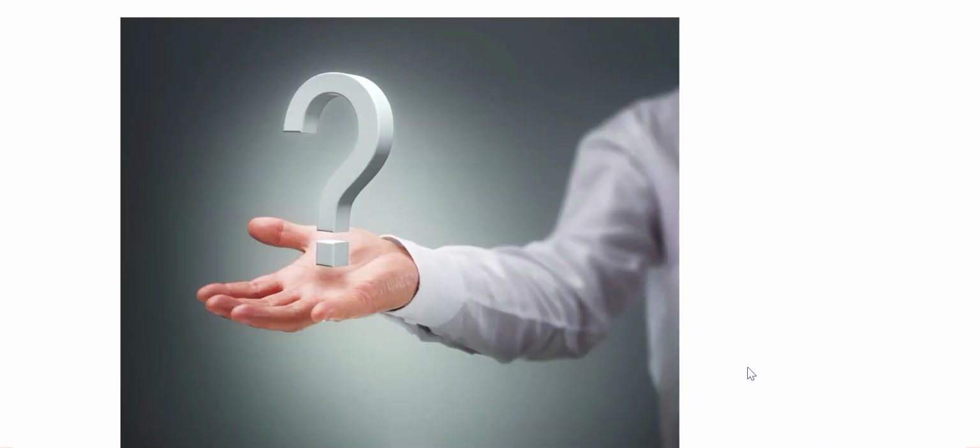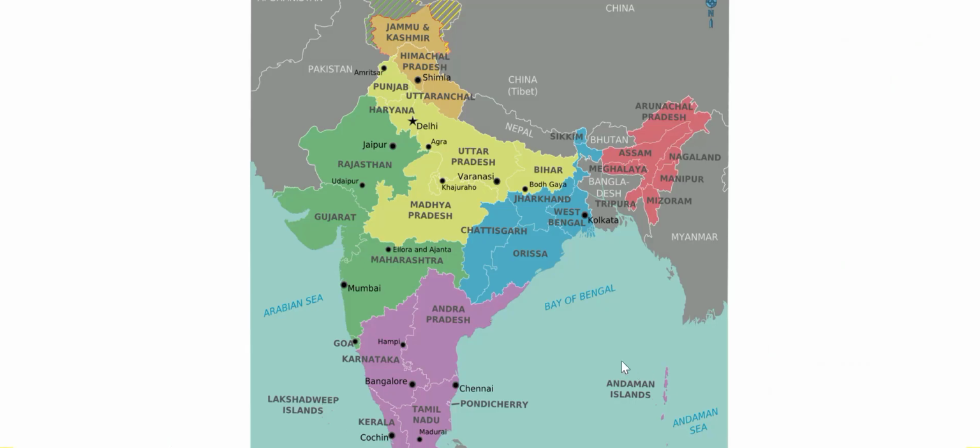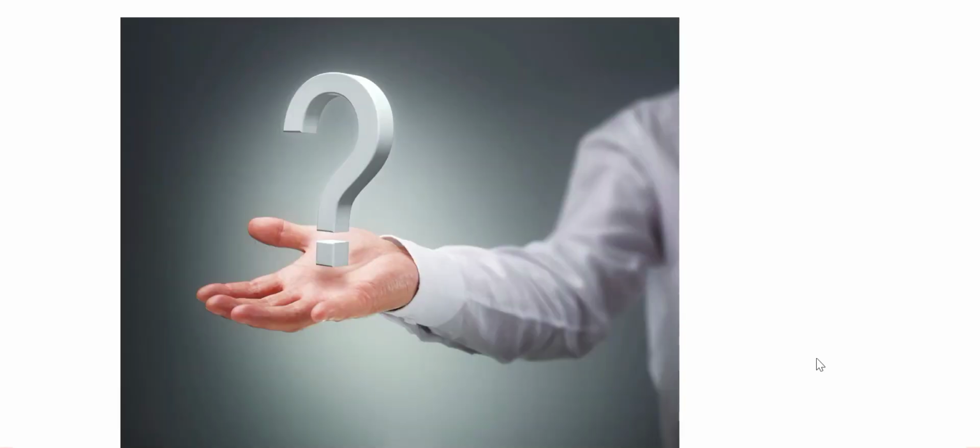Now, you must have seen data centers are in developed countries like the US. You have data centers across the US, and then you have your data centers across India. Now think about this.